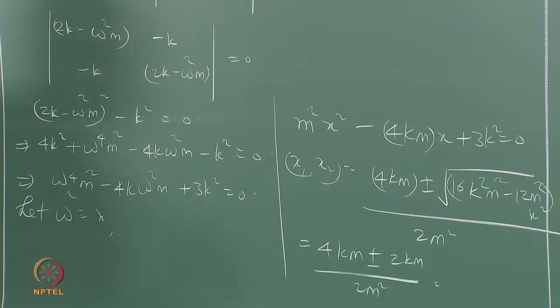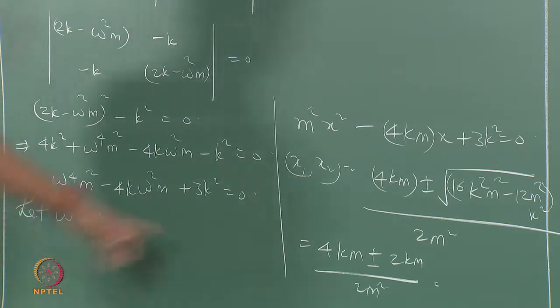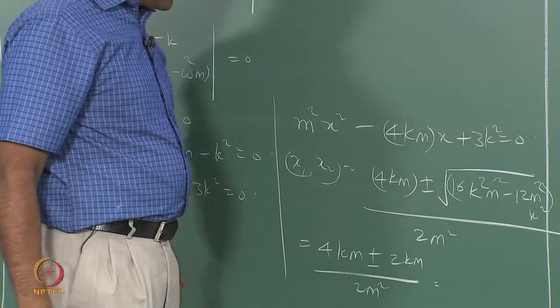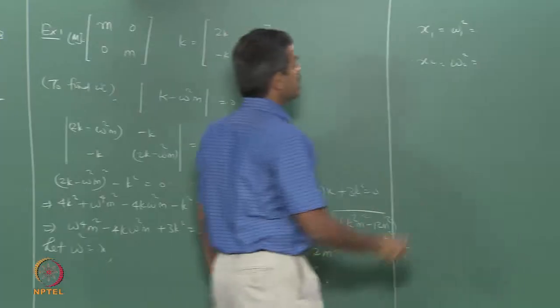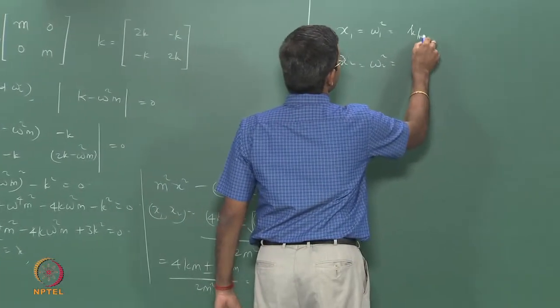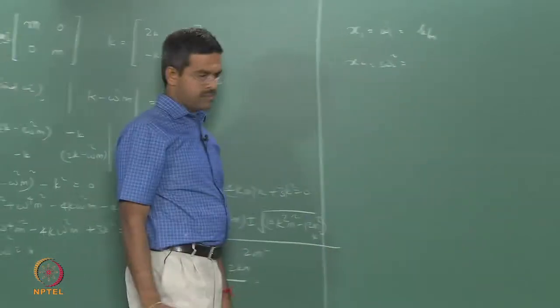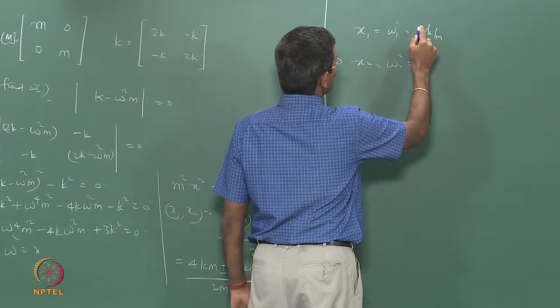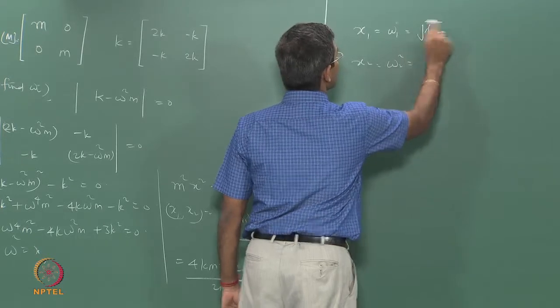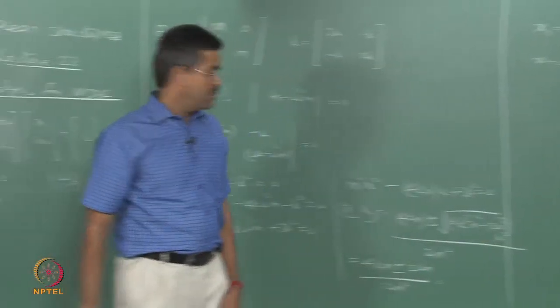The lowest one is considered to be omega 1, because we have to verify omega 1 from the mode shape, but let us write it down. We know that 4 minus 2 is 2, so 2 km by 2m square, so I get k by m. Okay.